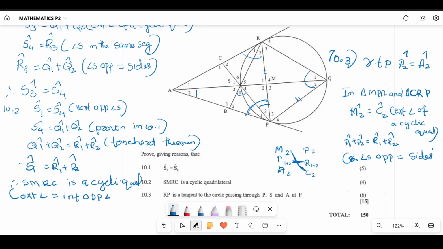But then mention why the sides are equal. So you have to mention that AR equal to AP because tangents from the same point.